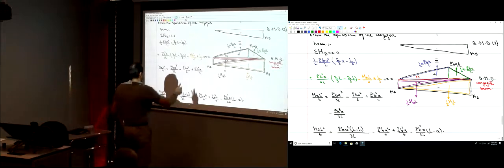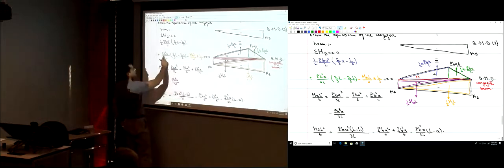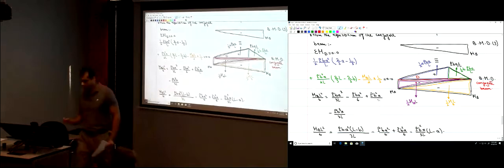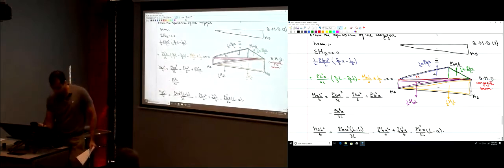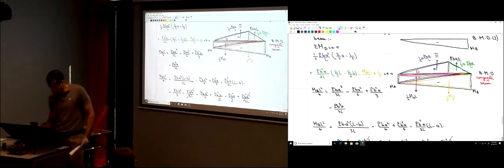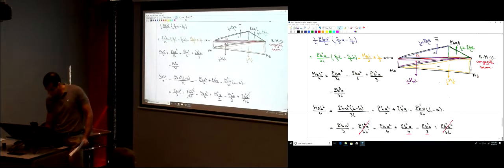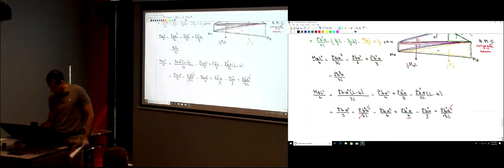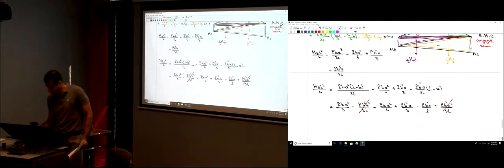This term here is the multiplication of this term multiplied by this term. So this 2 cancels with this 2, so this is 3 here. So that's the mistake that we had here. So actually this is 3. Okay? So this term cancels with this term here.